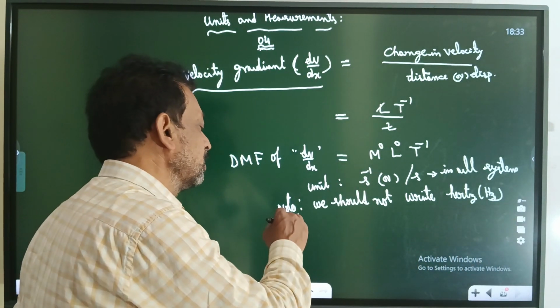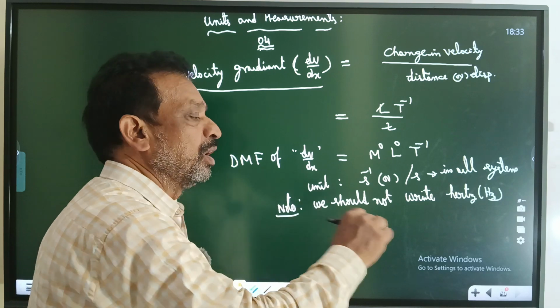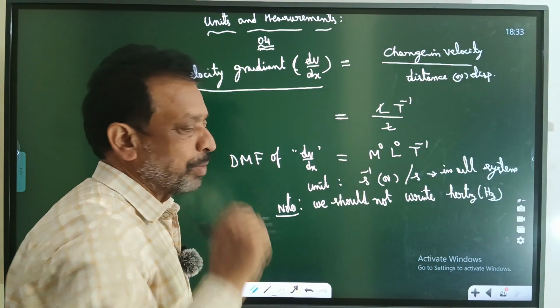Once the velocity starts, the particle moves away from the starting point.